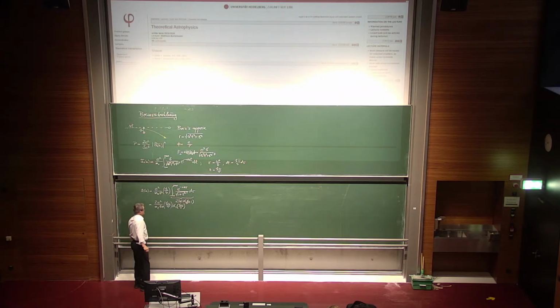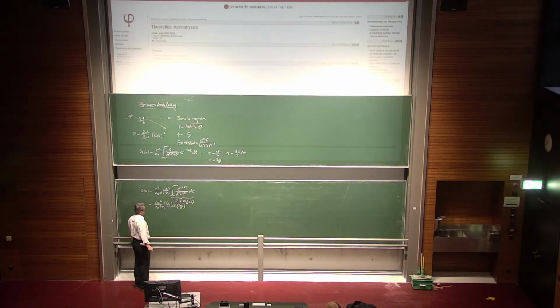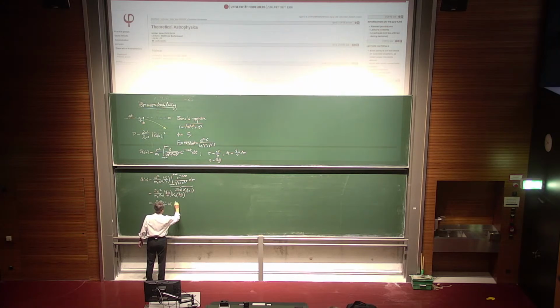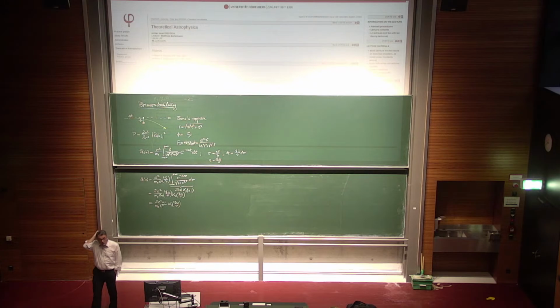Okay. So I can cancel a little more. The b is going to go away. I get 2 e squared times omega divided by m e v squared K1 of b omega over v. Okay, this is our Fourier transform under the assumption of Born's approximation.